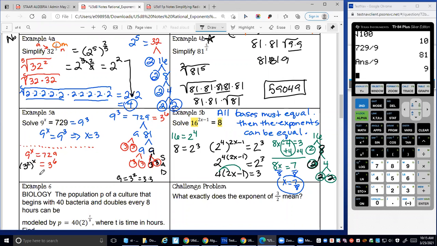So that's 3 to the power of 2 times x equals 3 to the power of 6. My bases are the same, so now my exponents can be the same. And I can divide by 2, and x will equal 3. Questions?